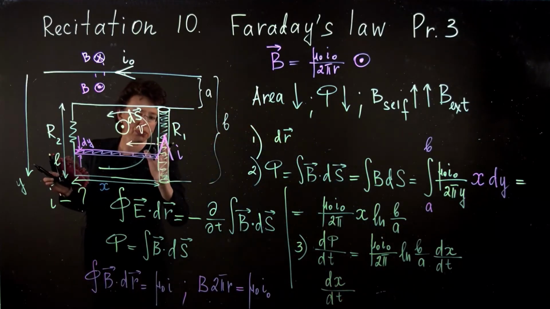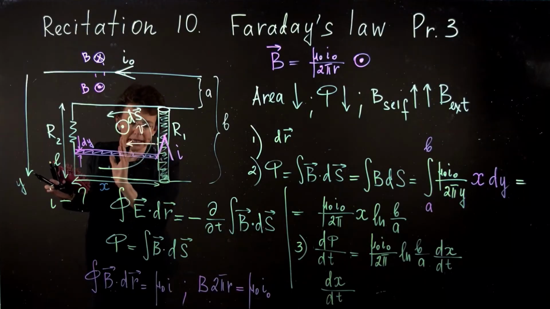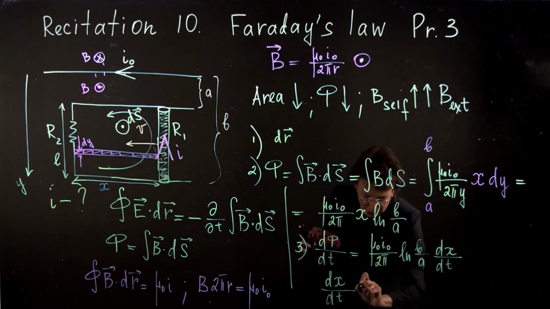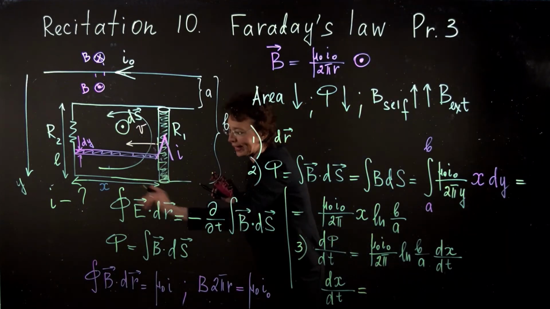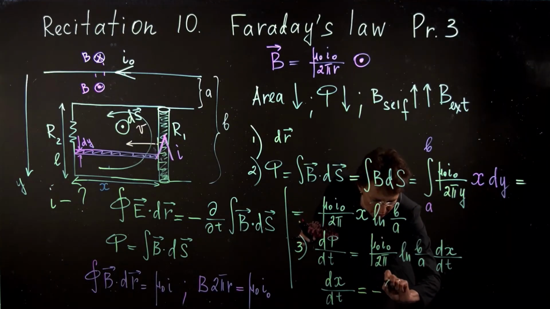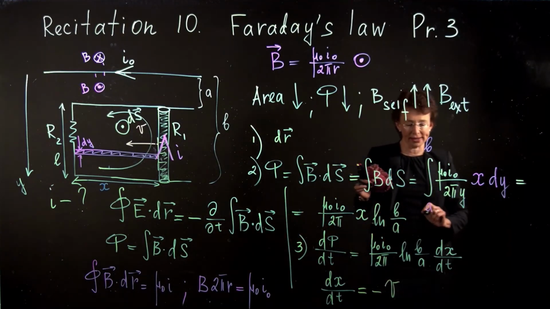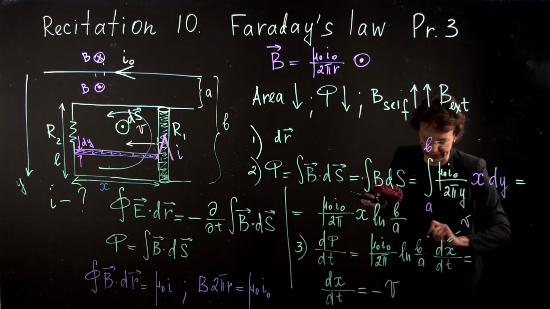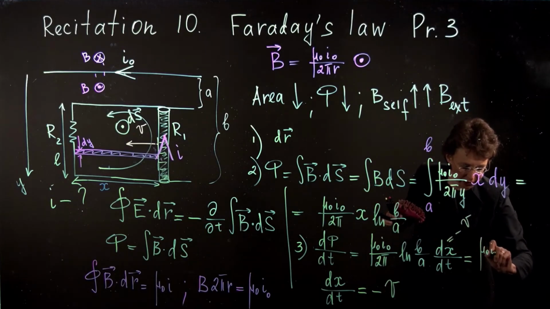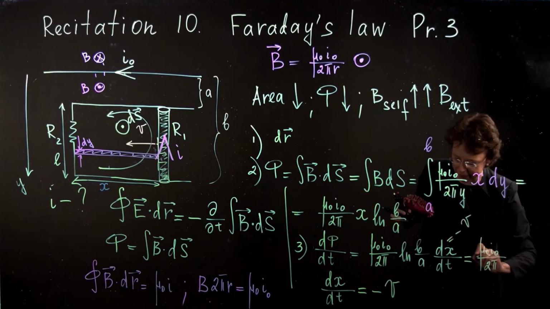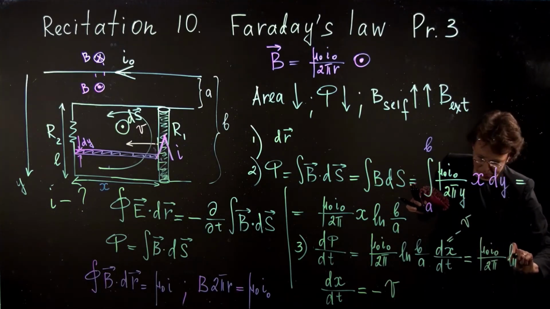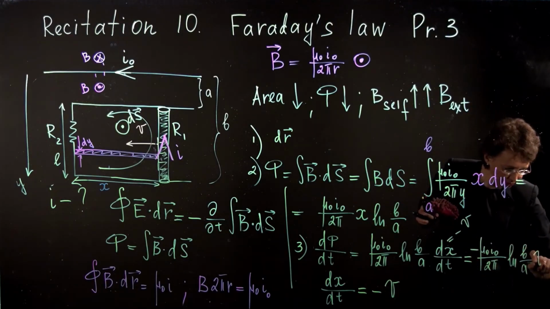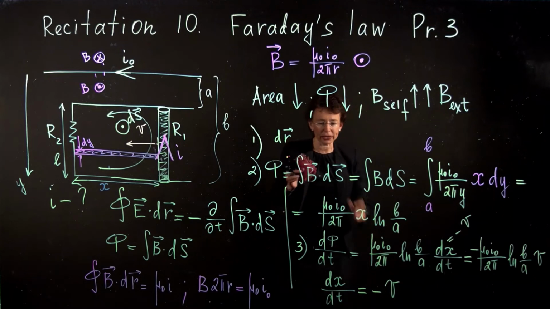As we move this rod in, x decreases, so we have negative derivative of x. That's why dx dt is minus v. So I plug it in here. I have mu naught I naught divided by 2 pi, and then logarithmic function b over a, and minus v. That was d phi dt.